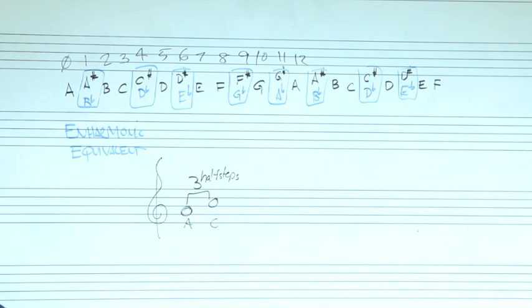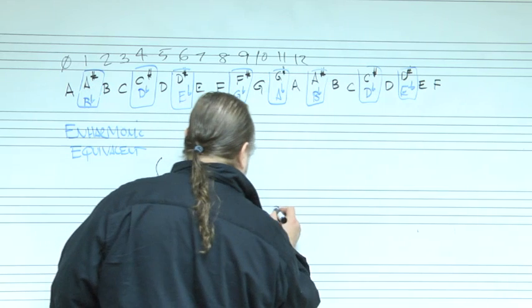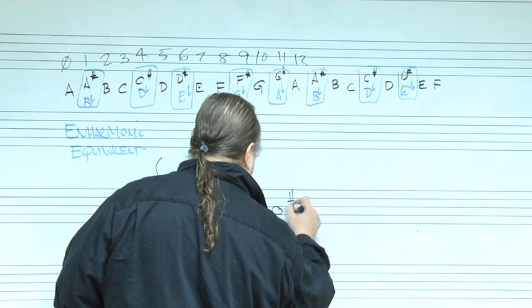So chromatic is outside, diatonic's inside, so it's in key. That's a layman's definition. Okay, so A to C is 3 half steps, right? Okay, what about A to C sharp? 4 half steps.